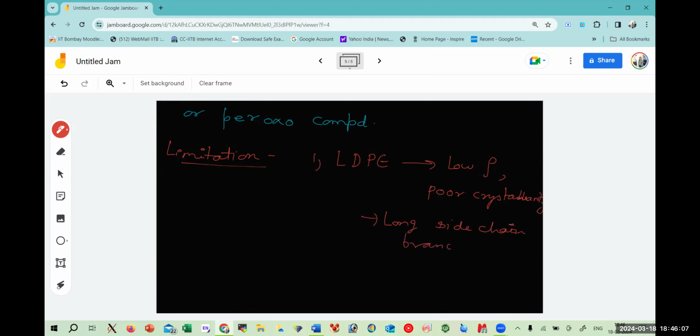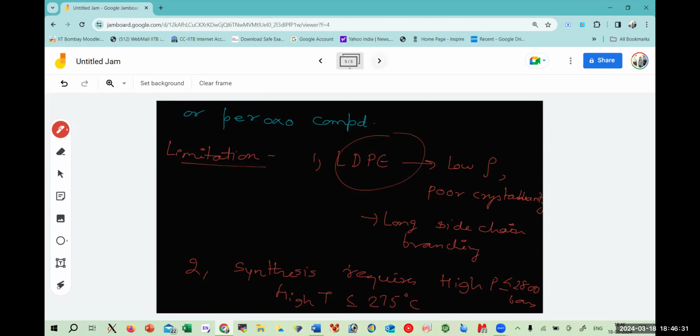These things we have already learned earlier. And this synthesis requires extremely high pressures, up to 2800 bars, and high temperatures, up to 275 degrees. So that is the limitation with LDPE.